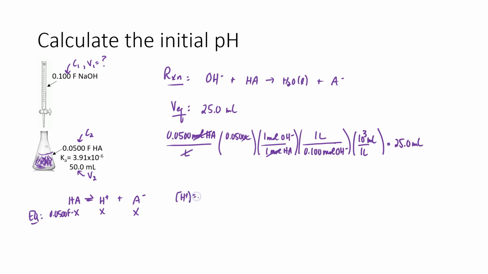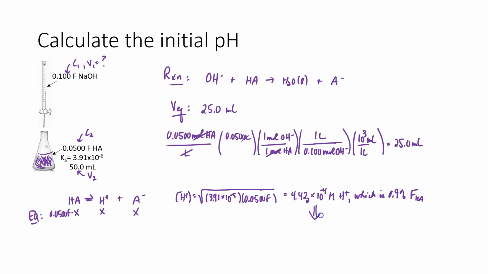H+ equals the square root of Ka times the molar concentration of HA. When I got H+, I got 4.422 times 10 to the negative fourth molar H+, and that was 0.9% of the molar concentration of HA. So quick and dirty works.